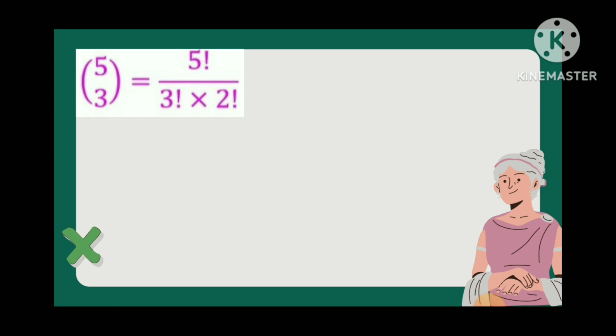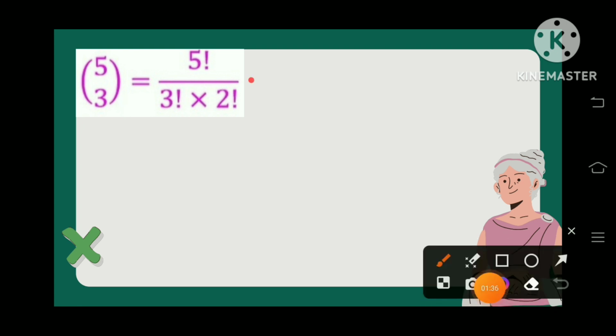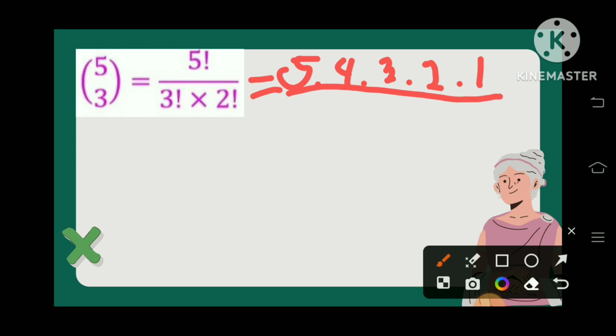So 5 factorial is equal to 5 times 4 times 3 times 2 times 1, over 3 factorial, which is 3 times 2 times 1, times 2 factorial, 2 times 1. So we are able to cancel these.